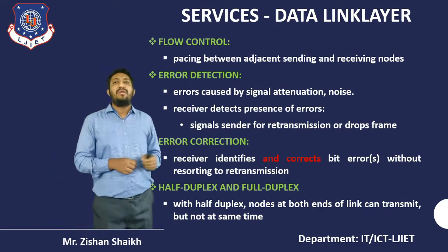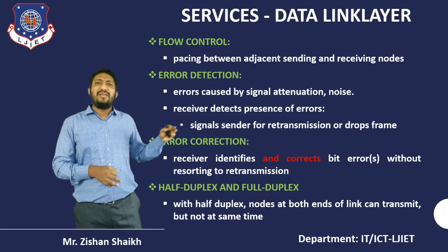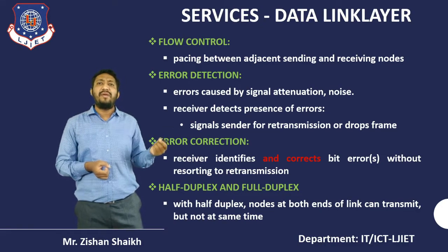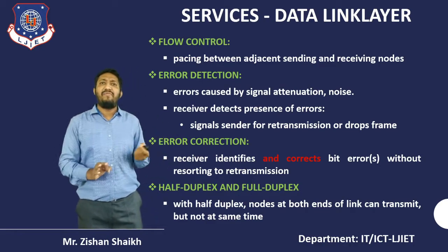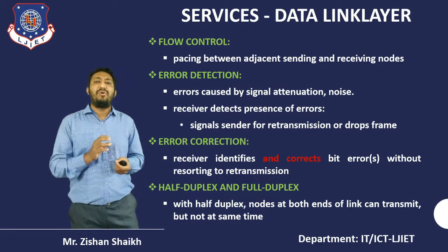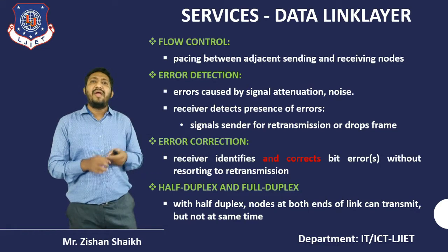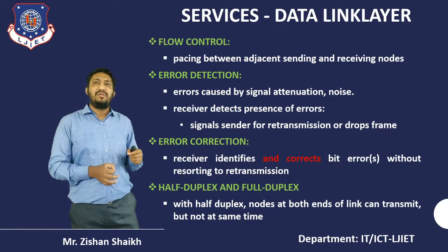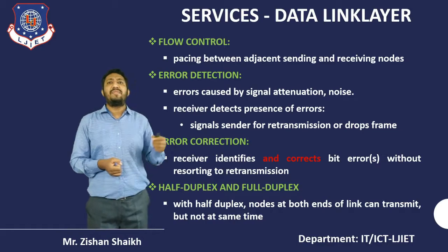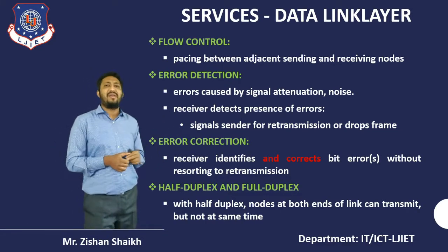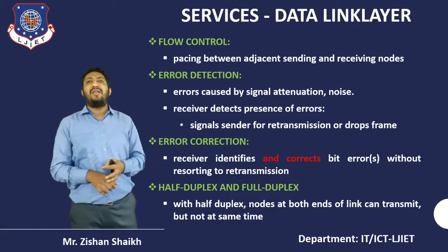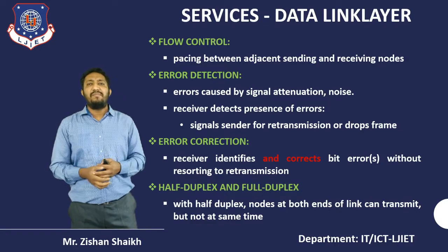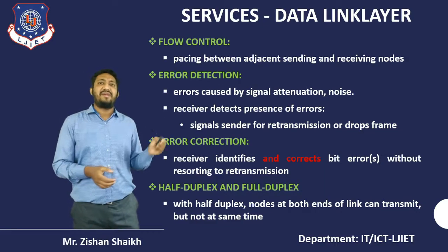That is done by error detection. For correction, the receiver identifies exactly what the problem is, what data has been altered, and corrects a number of bits without resorting to retransmission. So there is no need for retransmission of those bits. That is all about error correction. For both we learn different methods, for example parity bit, CRC and checksum methods are used for error detection and correction.